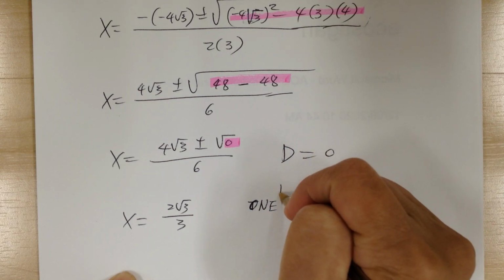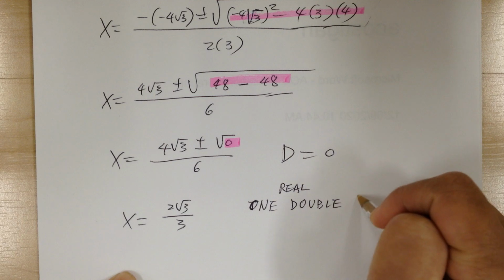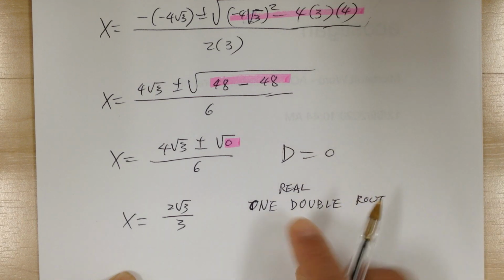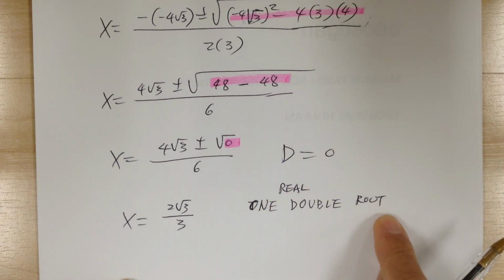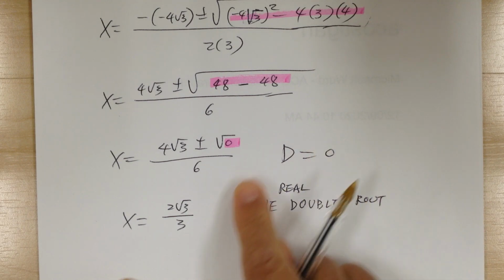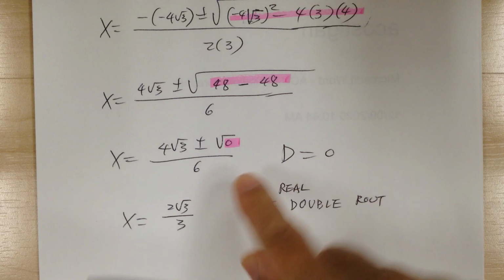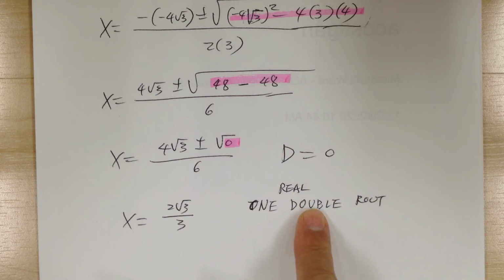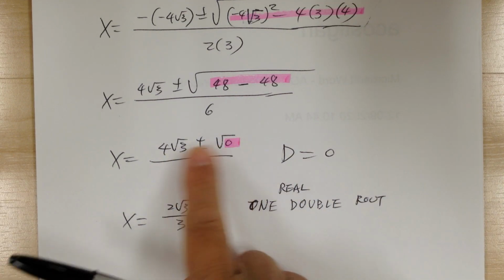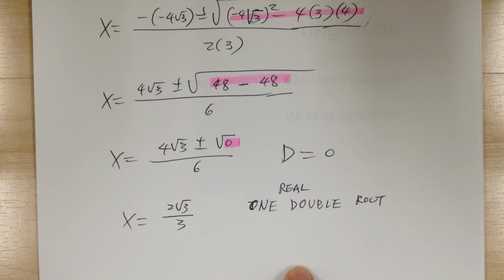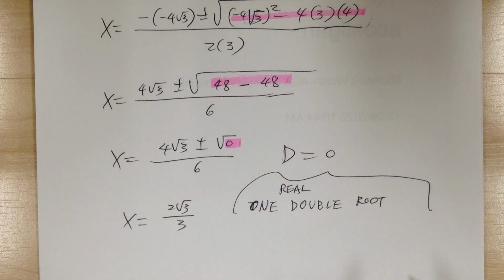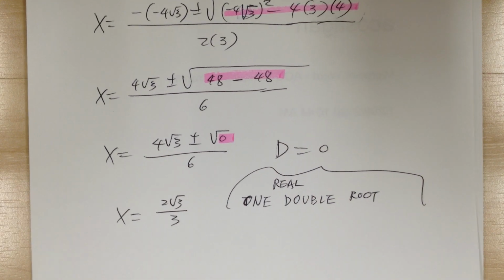One real double root. So you're going to get one real double root when D equals 0. Again, you're going to get 1 because there's no more plus or minus, but the reason it's called double is because you're going to get 2 of the same answer when you try to solve it. Now let's go to the 1c.